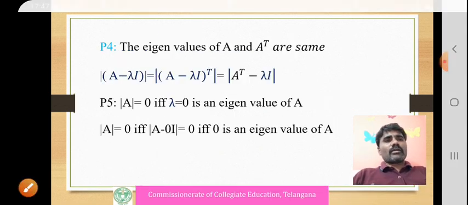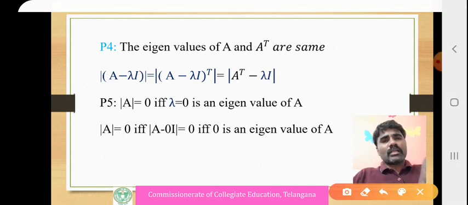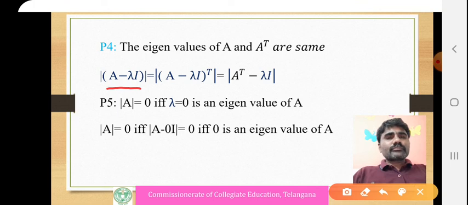Now another property, property 4: the eigenvalues of A and A transpose are the same. The eigenvalues of matrix A and matrix A transpose are the same. For this, simply we can consider the characteristic polynomial of A, that is determinant of A minus lambda I. This is the characteristic polynomial of A, and we know that the determinant of A and A transpose is the same.